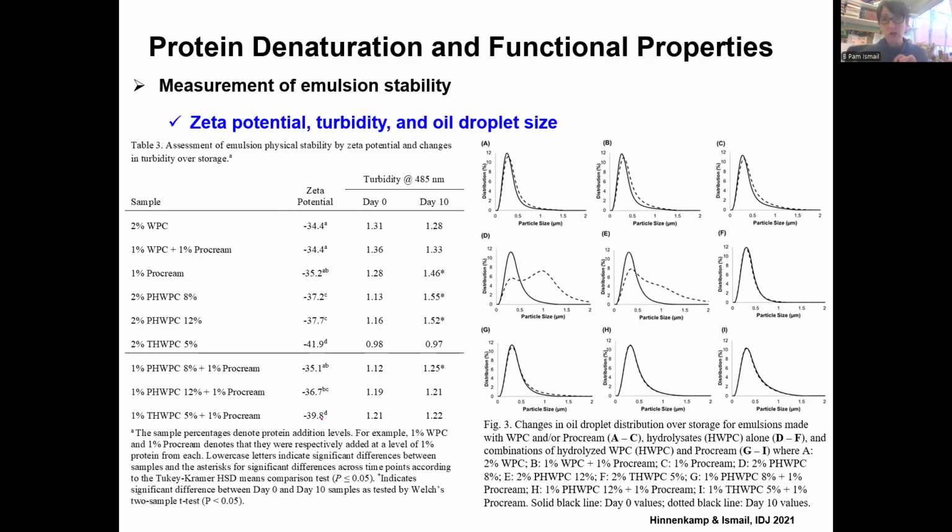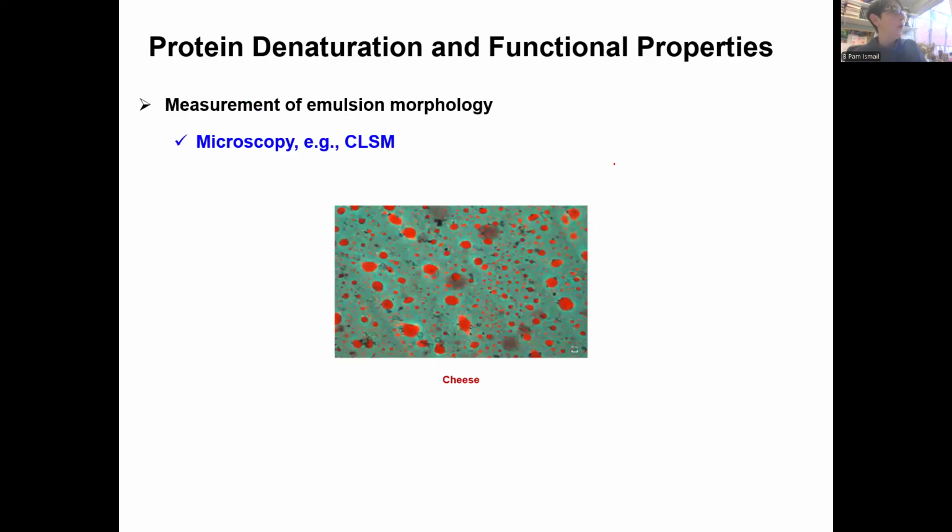We measure changes in charge to see what's causing the drops to increase in size, due to flocculation and coalescence that happens over time. Different proteins behave differently: either they stay stable or we see a change in droplet size over time.